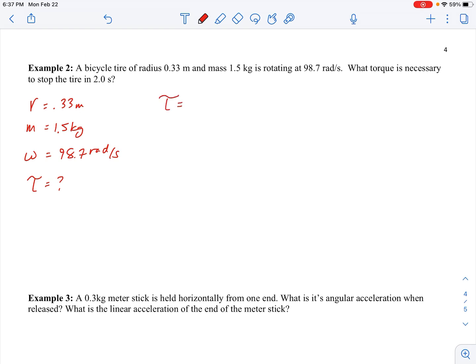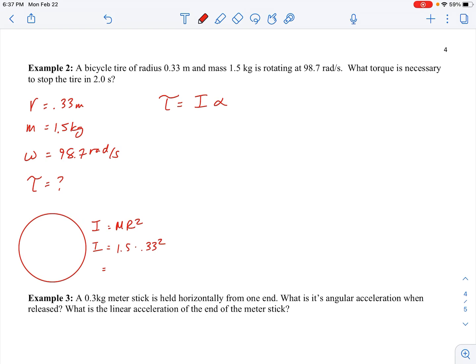Okay, so we know that torque is equal to moment of inertia times angular acceleration. A bicycle tire is basically a hoop, and the moment of inertia for a hoop is mr squared. Again, I could look that up above. So the moment of inertia is going to be 1.5 kilograms times 0.33 squared.